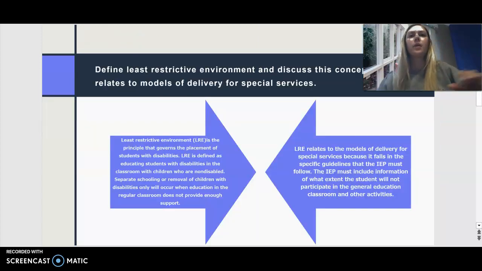The first question was: define least restrictive environment and discuss the concept as it relates to models of delivery for special services. Least restrictive environment, or LRE, is the principle that governs the placement of students with disabilities.